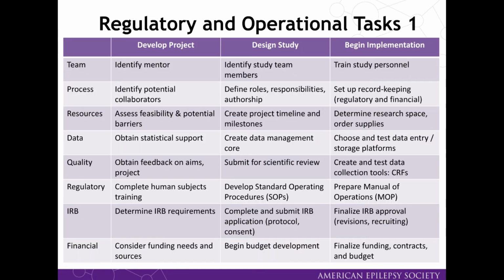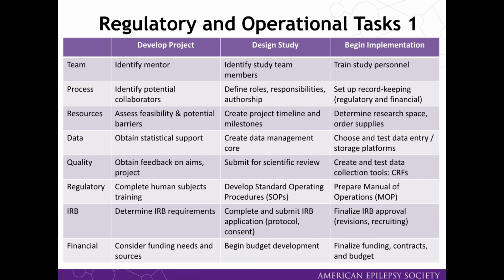So I first want to start off by giving an overview of the regulatory and operational tasks that are involved in clinical research. And I divided this into specific study time points. And as you're going through and developing your timeline for your clinical research project, there are specific tasks that need to be done at each stage.